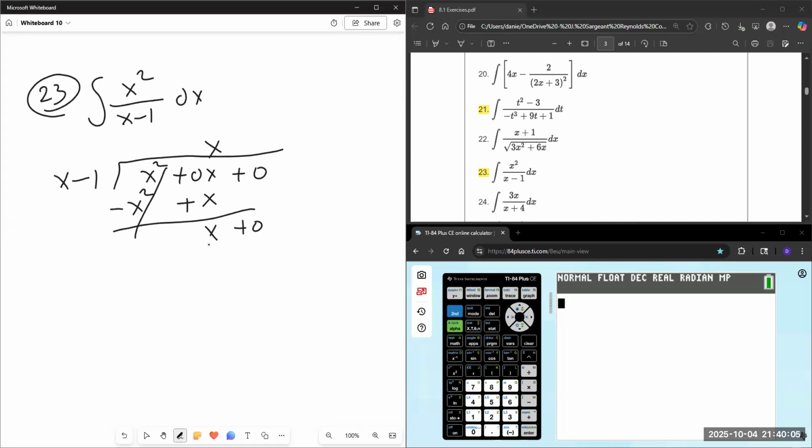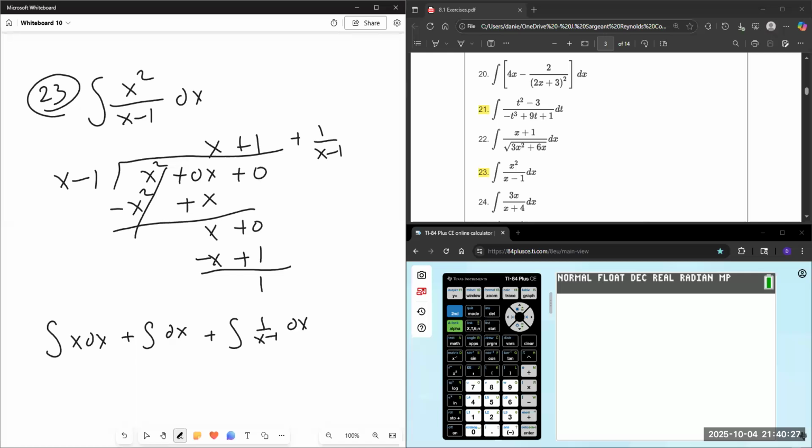X goes into x one time, x minus 1. Change my signs and add. So this becomes integral of x dx plus integral of 1 dx plus integral of 1 over x minus 1 dx, which is 1/2 x squared plus x plus ln of the absolute value of x minus 1 plus c.